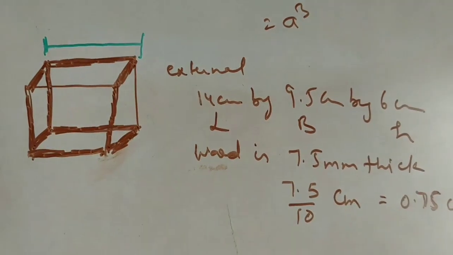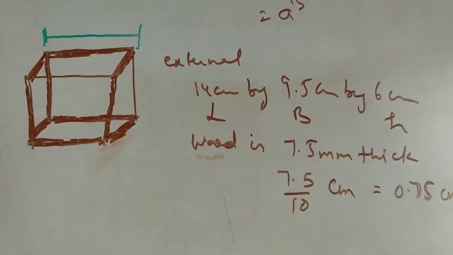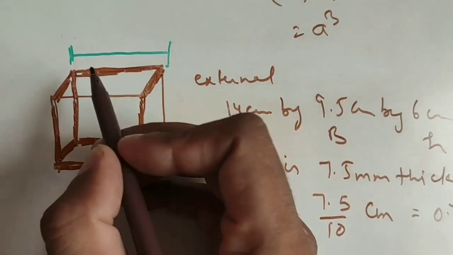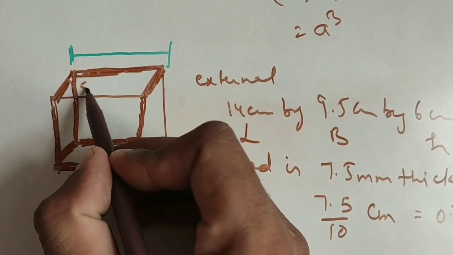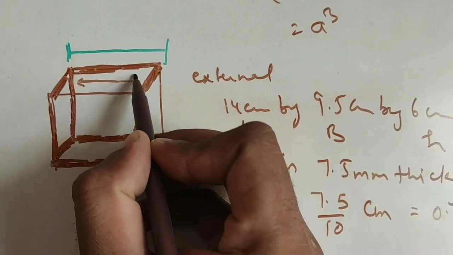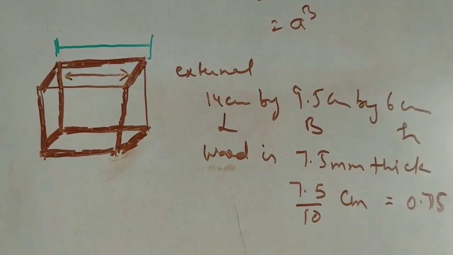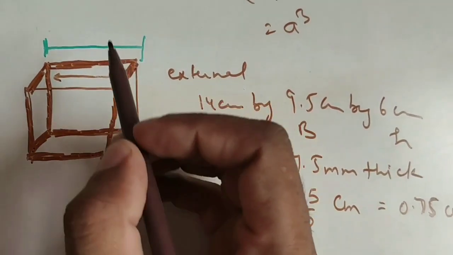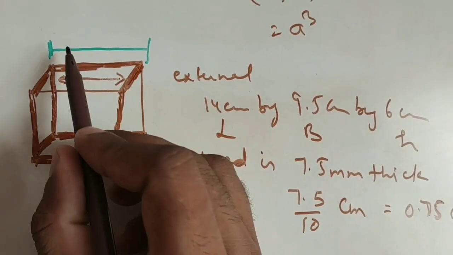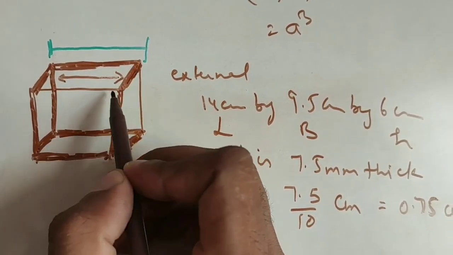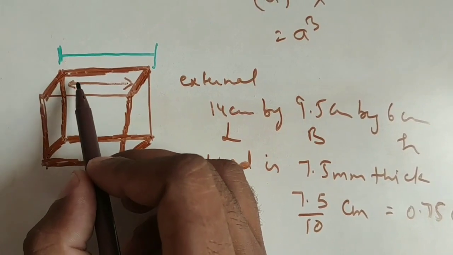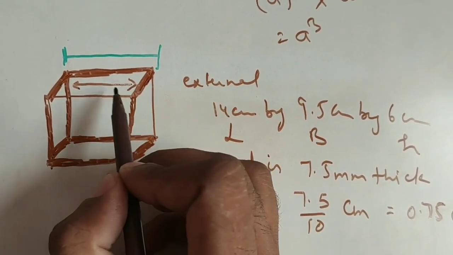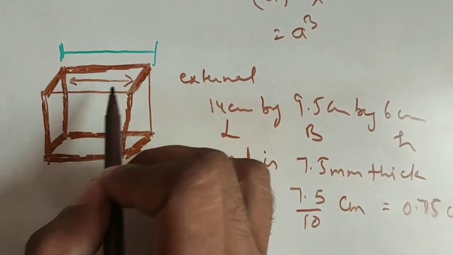Whereas if we want to measure internally, the internal measurement will be this much only, up to this and up to this. So what is the difference between external and internal measurement? It is the thickness. When you measure externally, you include the thickness from both sides, and when you measure internally, you do not include the thickness.